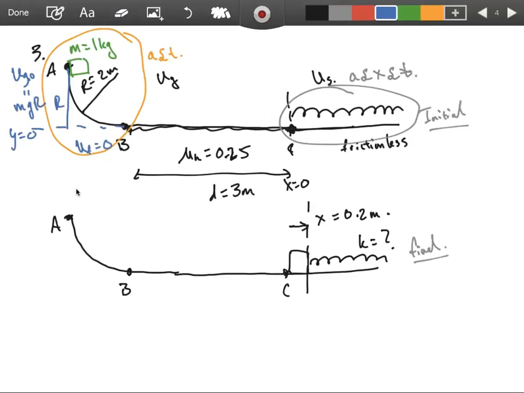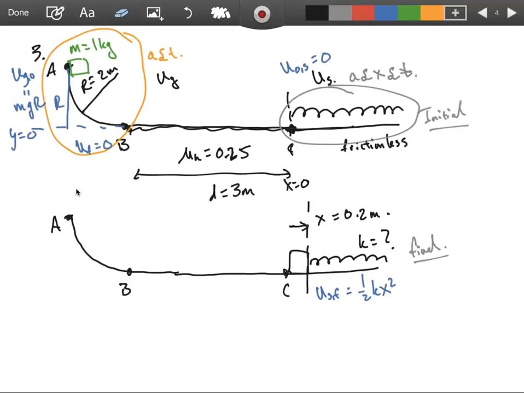For the spring, initially this guy starts off in his equilibrium position, which means the initial potential energy of the spring is going to be 0. But then down here, the final is going to be 1/2 times k times x squared, where x is just that compression distance.